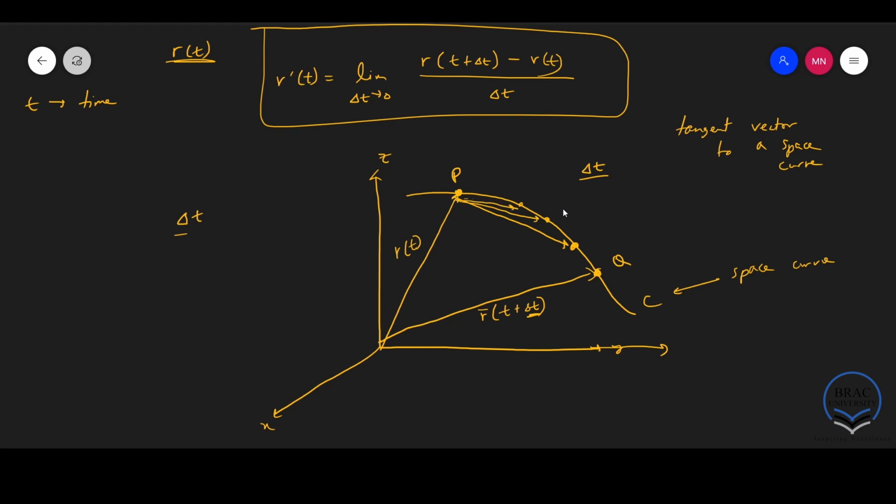Until Q is very close to point P, we just get a vector like this, and this will be my tangent vector to the space curve at this particular point. So when I take the derivative of a vector function, I will just get a tangent vector to the space curve, like this tangent to the curve at point P.